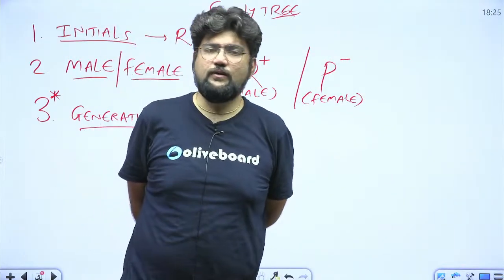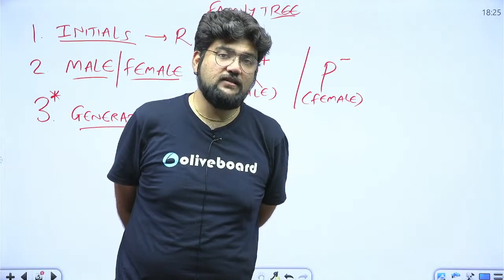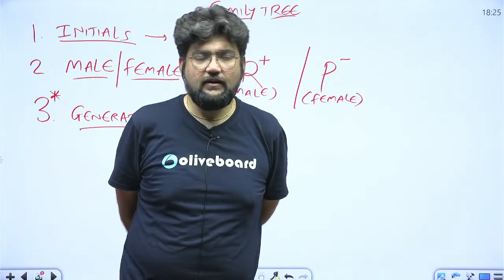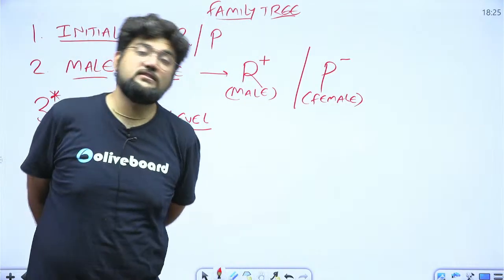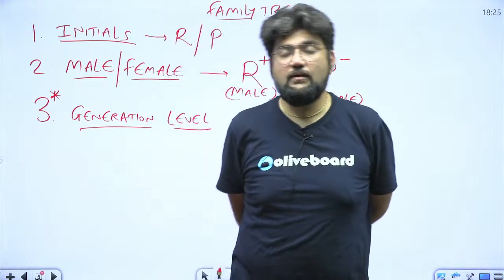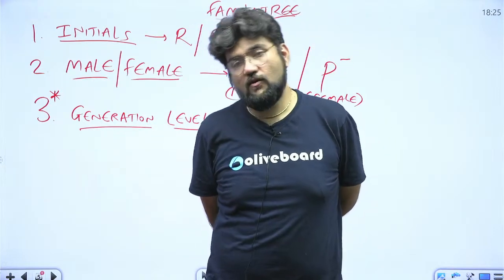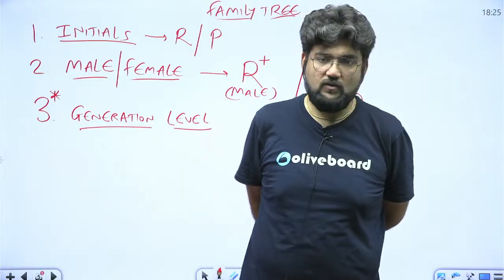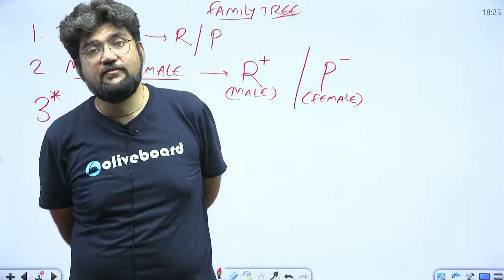So my father's brother is my uncle. My father's younger brother is my uncle. My father's elder brother is my uncle. My father's sister's husband is also my uncle. My mother's brother is also my uncle. My mother's sister's husband is also my uncle. So there are multiple uncles on that level and I cannot differentiate between them easily.